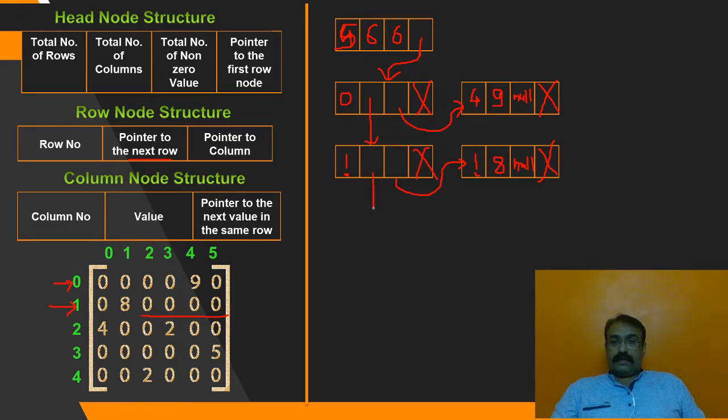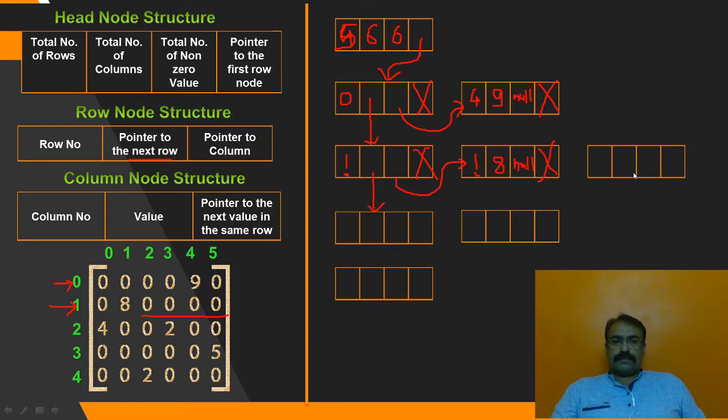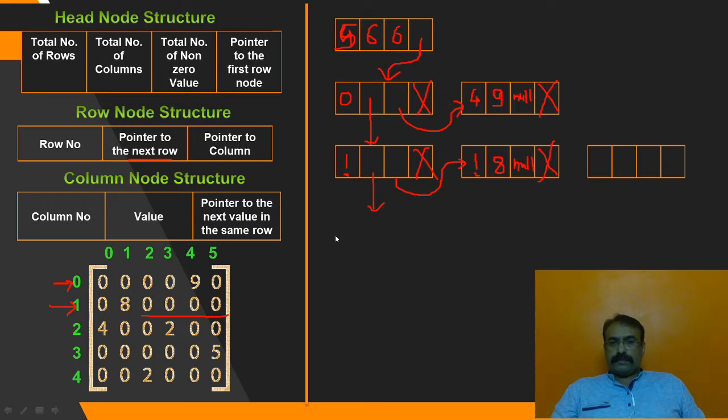Coming back again, where it will point, this field will point to the next row. It is going to point to the next one, which is represented by index value 2.